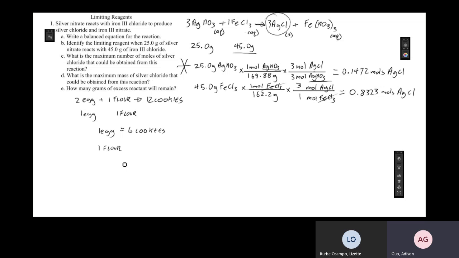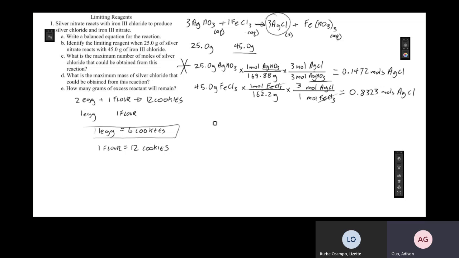If you have 1 flour, you could make 12 cookies in total, because that's what the recipe says. However, you don't have the 2 eggs you need for the 12 cookies, so this is going to be the smaller one, which means it's the limiting one. It's just a quick explanation.